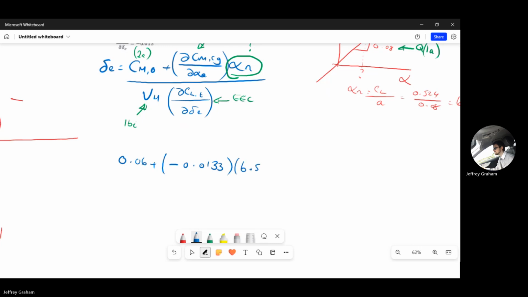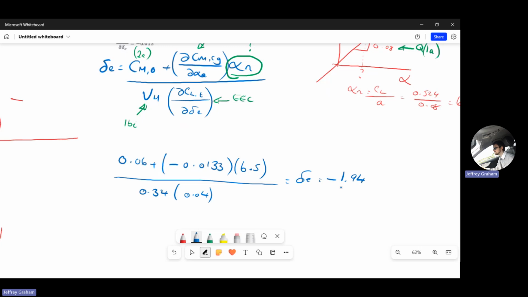Angle on the bottom, tail volume from earlier on. The elevator control effectiveness gives you the elevator deflection, which is, in this case, minus 1.94.